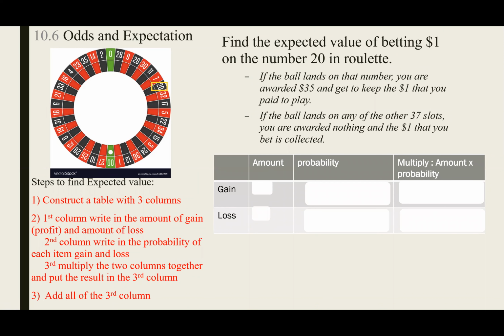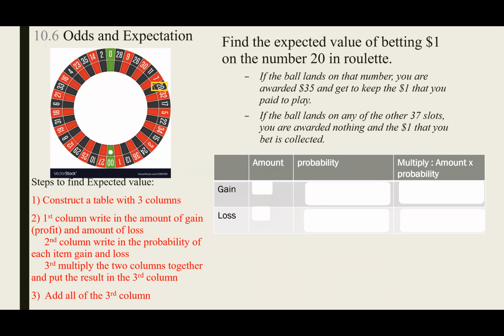The expected value basically tells you, in the long run, if you go to a casino and you play on this roulette table, what do you expect to gain out of it? What is your expectation? I agree, if you go to a casino, you expect to win. But really, will you win, right?